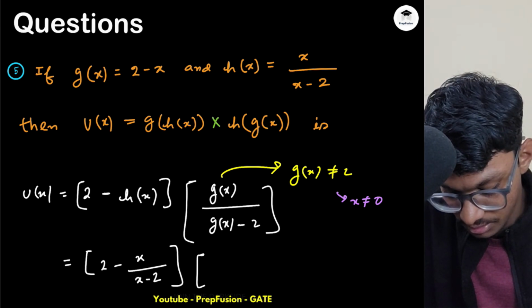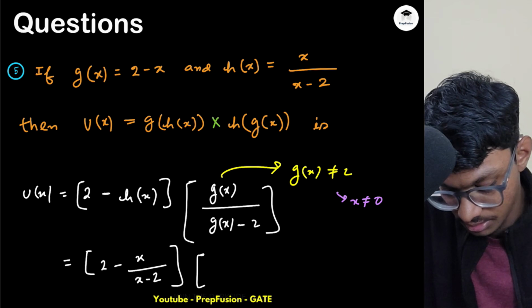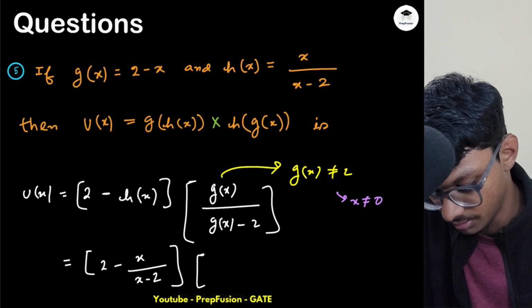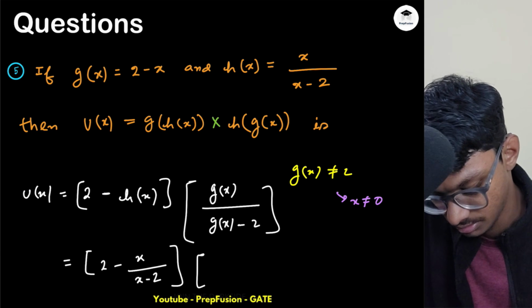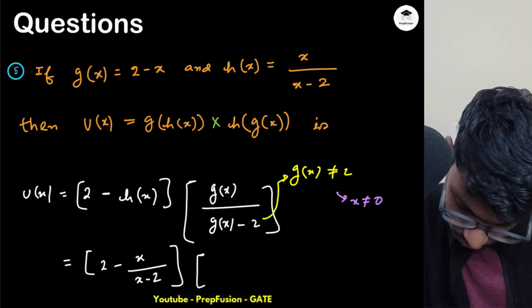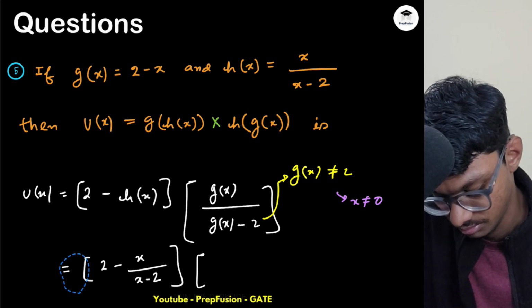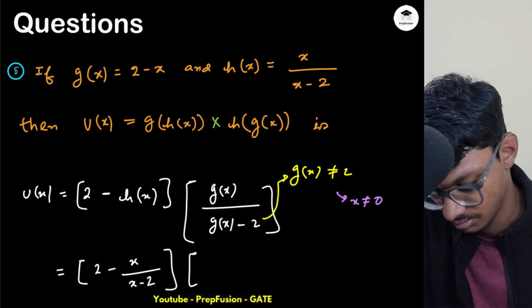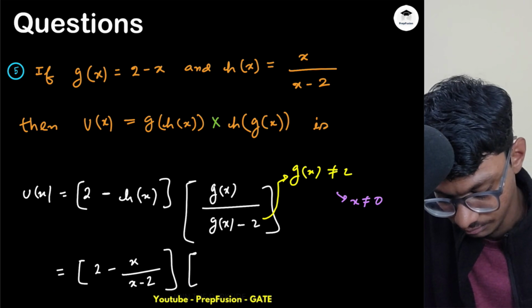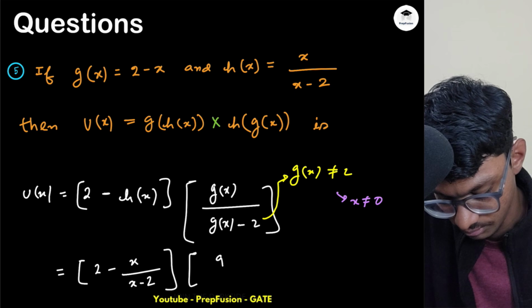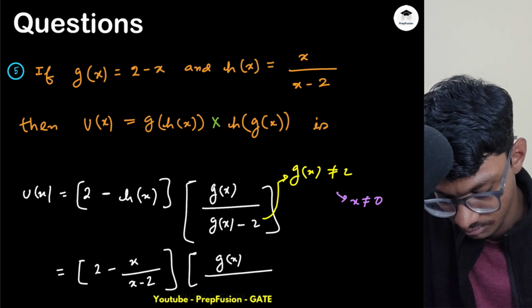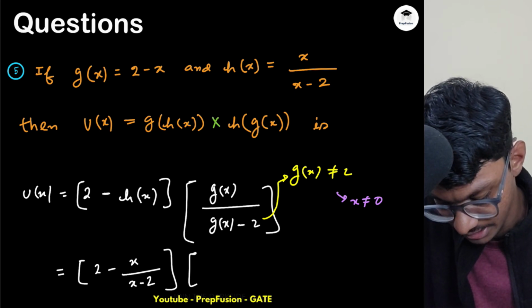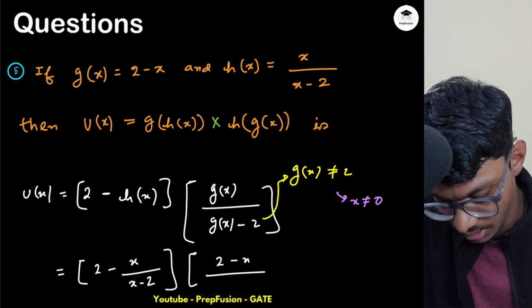Let me take this arrow to the bottom side. g of x is 2 minus x again, so this is 2 minus x divided by 2 minus x minus 2.